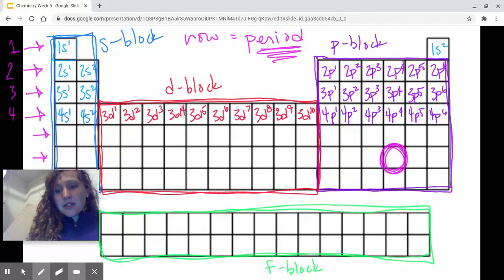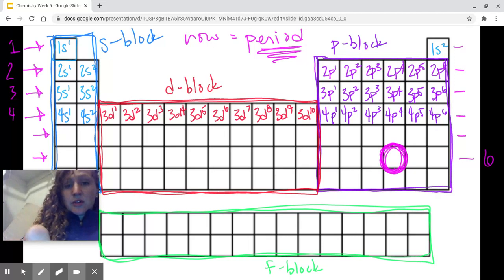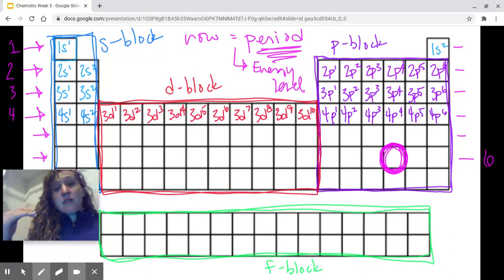This one, for example, since it's in the 1, 2, 3, 4, 5, 6th row, or 6th period, that very last electron that is going to fill into this atom is going to go into the 6th energy level. So each row or period is going to correspond with the energy level of the valence electron, of the outermost electron.